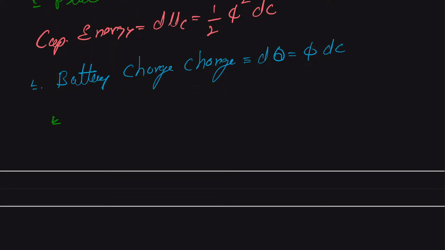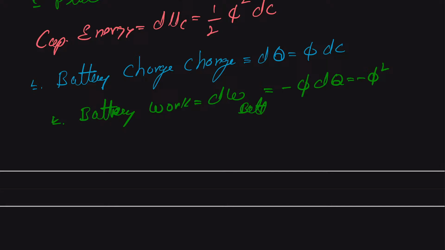Therefore, from here we can write that the work done by the battery, that is dW battery, will be equal to minus the potential times the charge, and this comes as phi squared times dC. And now we can easily use energy conservation.